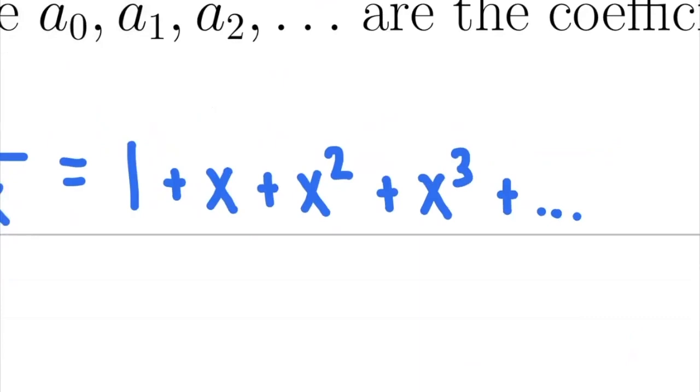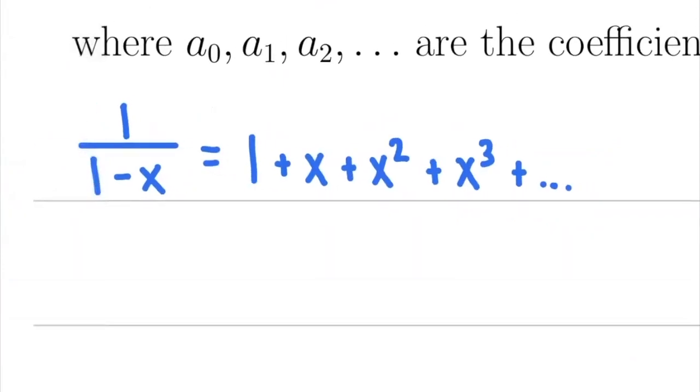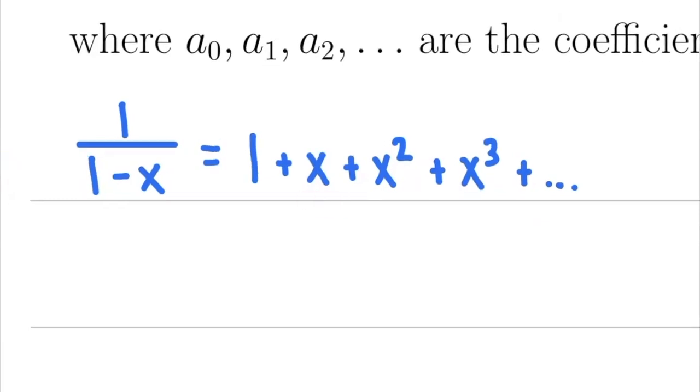Oh yeah, go ahead. Which values of x is this valid for? That's a wonderful question. You might have noticed that this is a special kind of series called a geometric series because each term is x times the previous term.